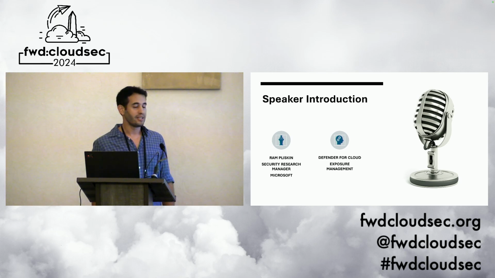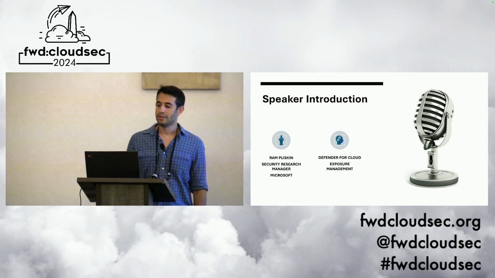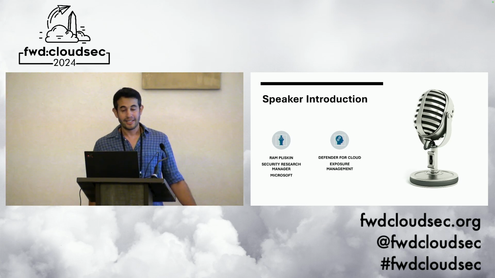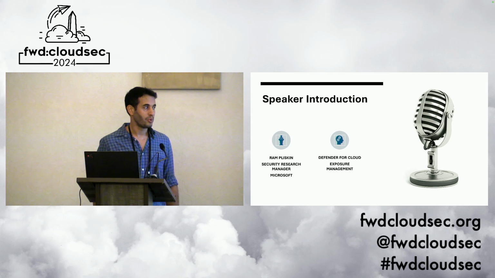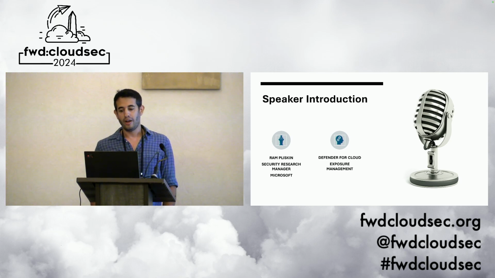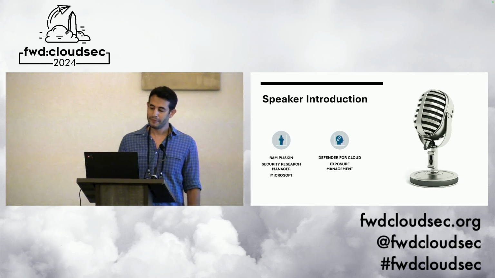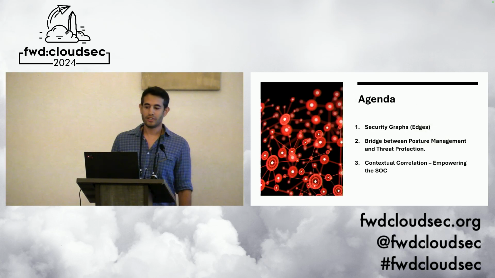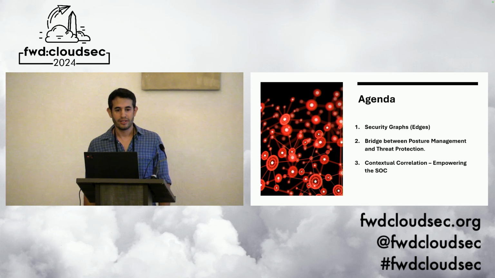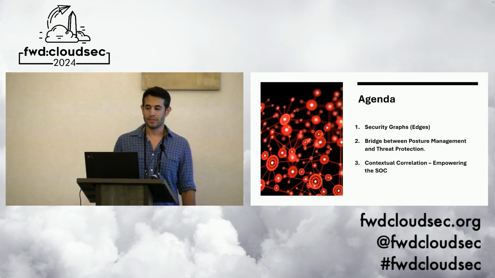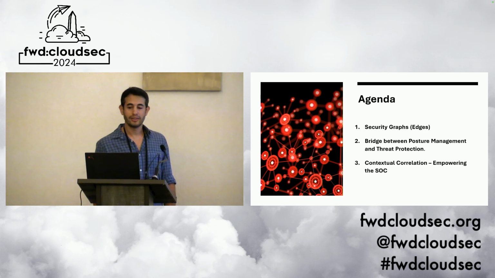For example, the hybrid scenarios that were presented here yesterday by folks from Google in their talk, Thinking Outside the Cloud. A CSPM solution cannot present these types of findings to their full extent, and therefore we need an extended posture management solution. In this talk today, we will focus on security graphs, specifically the importance of getting the edges done right.